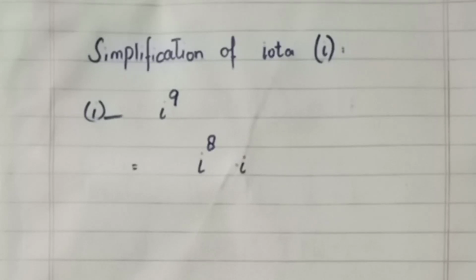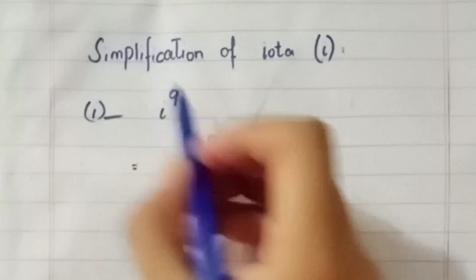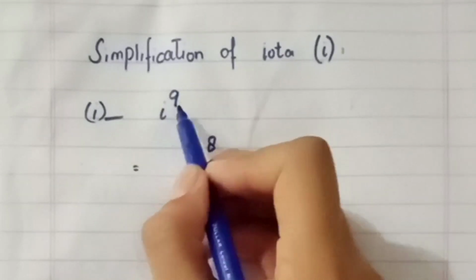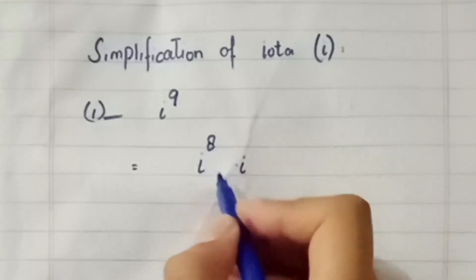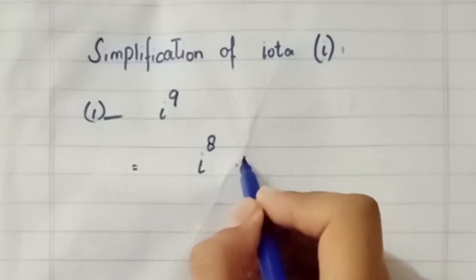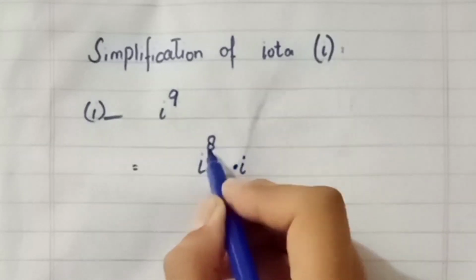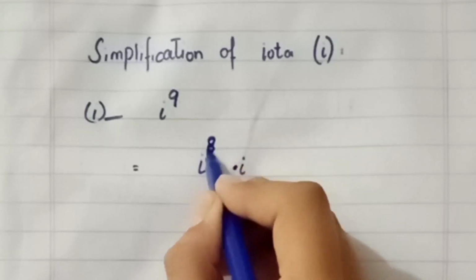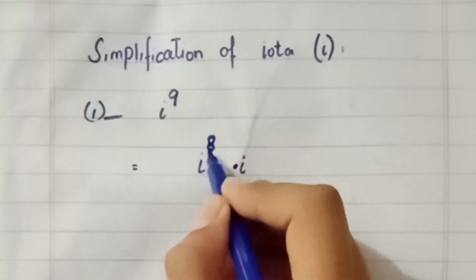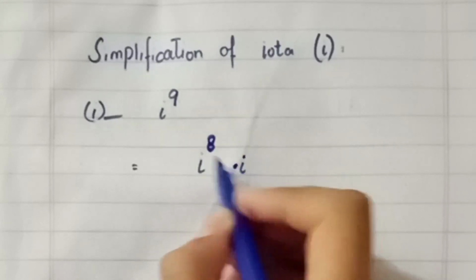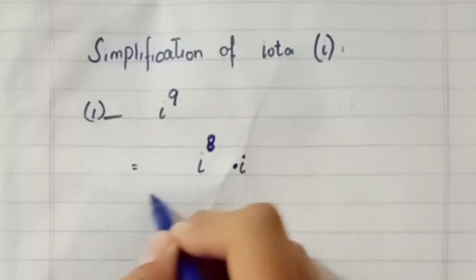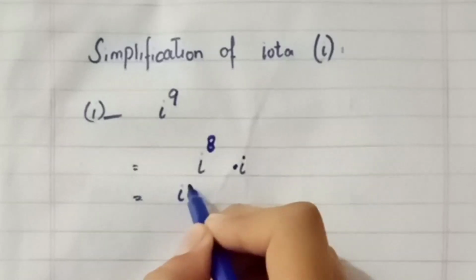The first question you may see here is with an odd number. 9 is an odd number. Iota 9 is to be solved. The first step I have written already is that iota has been separated from an even power. 8 is an even number, and we have made iota 9 into iota 8 by separating a single iota, so we can make a complete square.